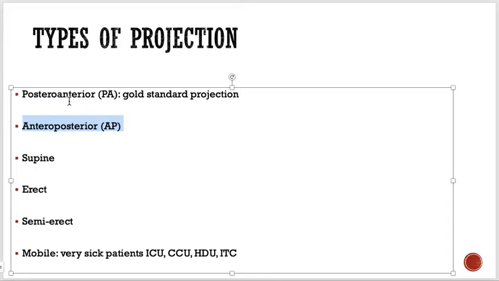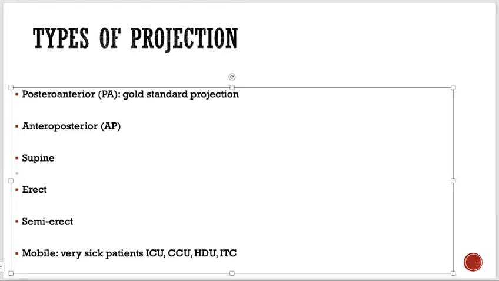Now, why is this interpretation important? For example, the change of the position basically changes the parameter or the impression of the abnormality.